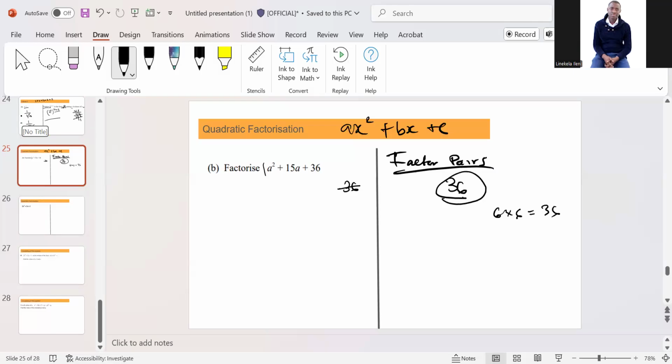So let's go. We have the other factor pairs. My brain is slightly slow today. Is it 9 times 4, 6 times 6? Factor pairs of 36.